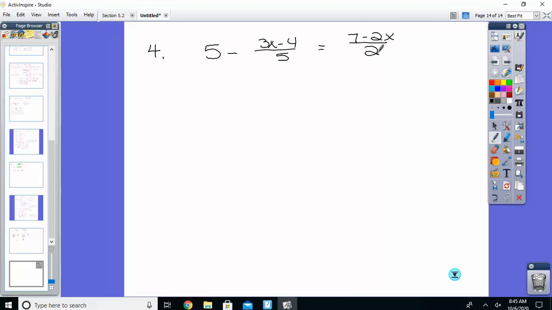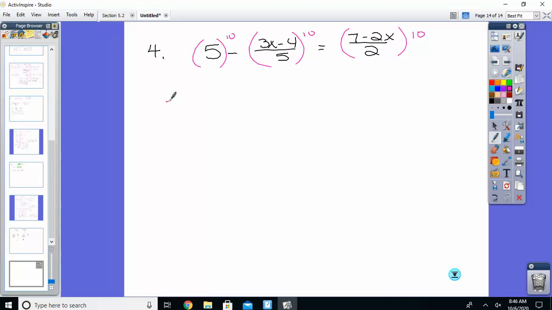Okay, so again, we have a couple options. We can either multiply by something to get rid of all the fractions, or we can just break them up and deal with them. What do you want to do? Multiply. So if I'm looking at a 5 and a 2, what would I have to multiply by to get rid of them? 10. Okay. When you do that, you have to take everything times 10. So every single term, including this 5.